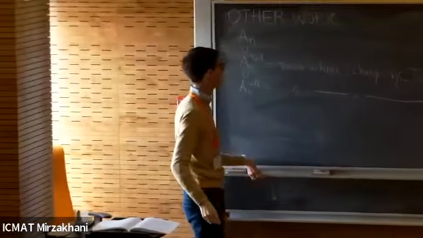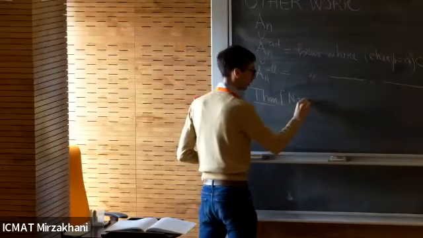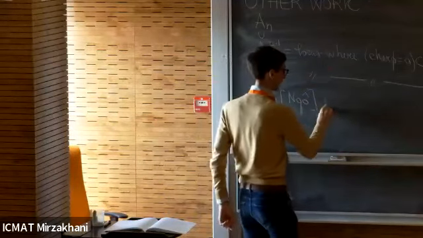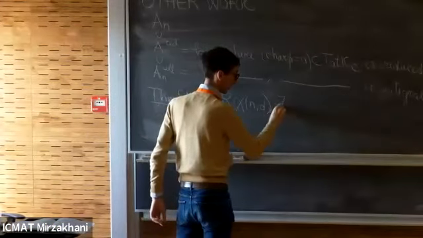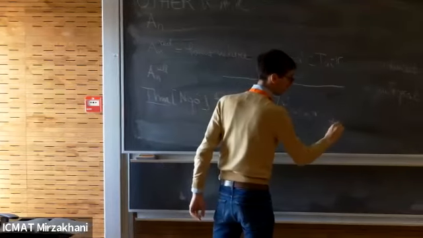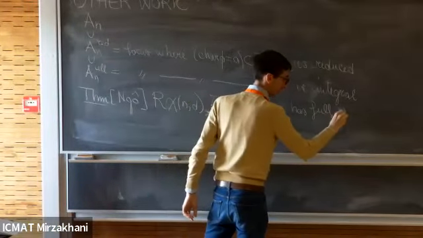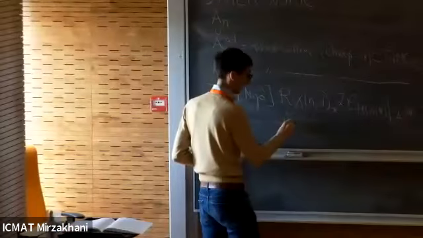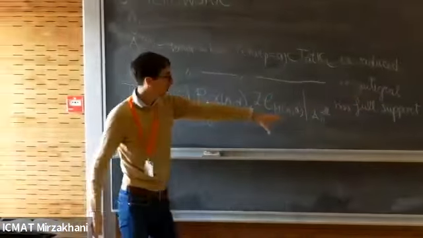Okay. So it follows from the work of Ngo that if I take that sheaf that I mentioned before, and I restrict it to the elliptic locus, then this has full support. What does it mean? It means that the only Z that appears is the whole base.